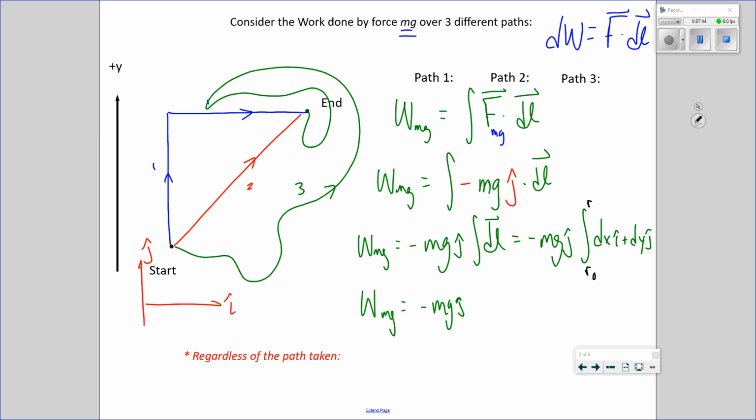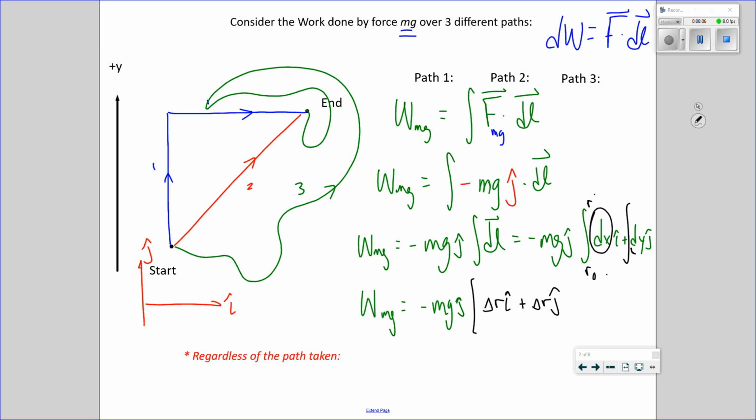So what we're going to get is times a delta r in the i hat plus a delta r in the j hat. What I'm saying is this integral is really delta x, from here to here, so that's delta r. And this integral, we're really integrating both of these.